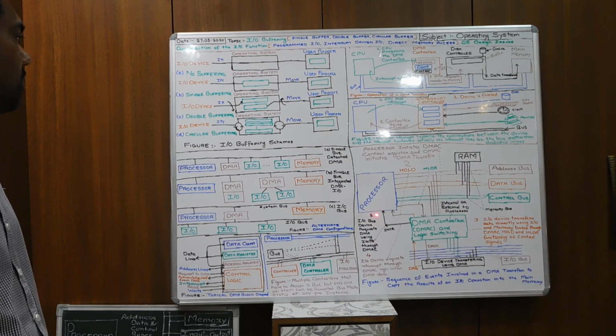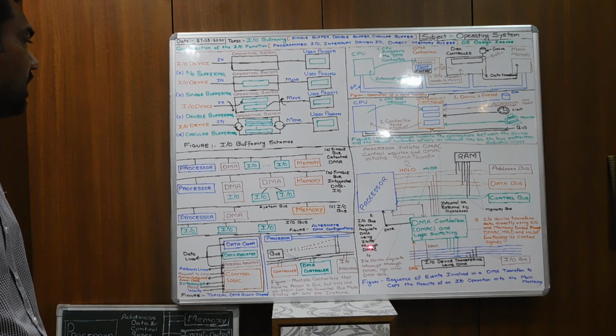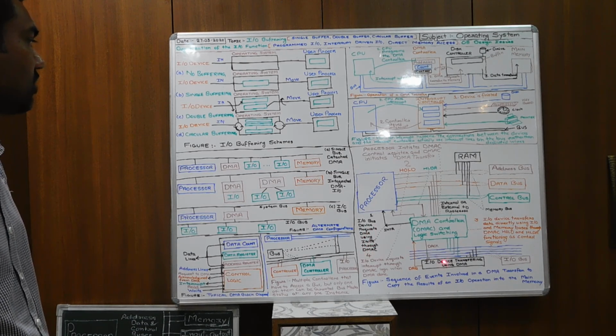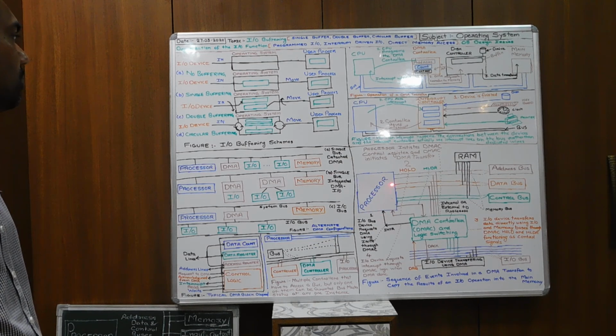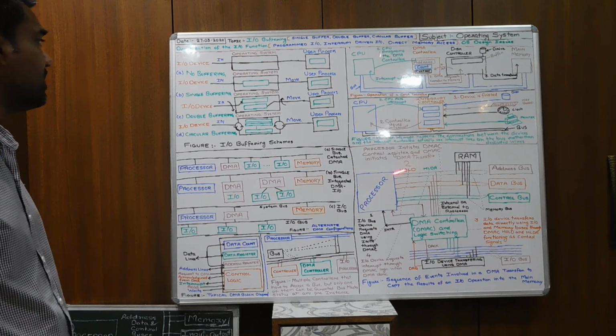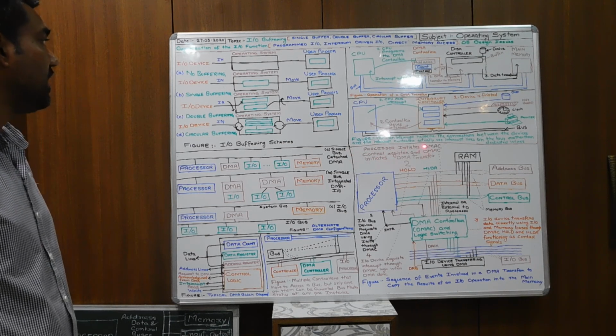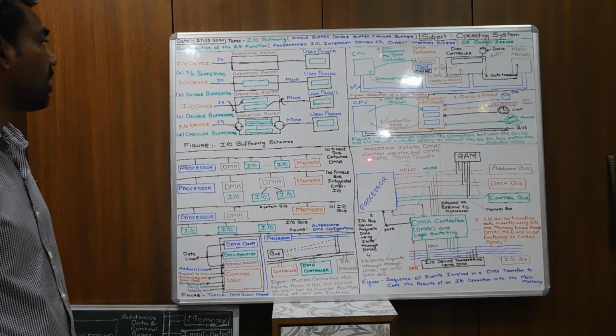In step number 1, the IO device requests DMA using INTR through the DMAC. So the IO device makes a request, and through INTR it goes to the processor. Then in step number 2, the processor initiates the DMA control register.